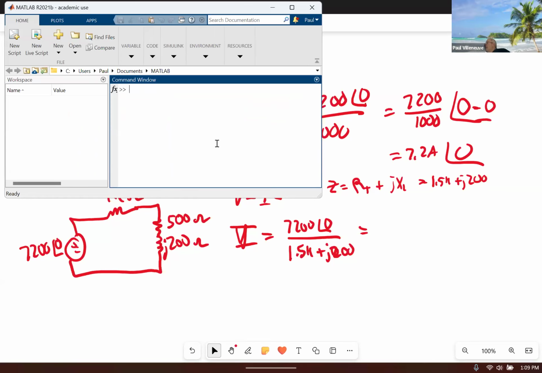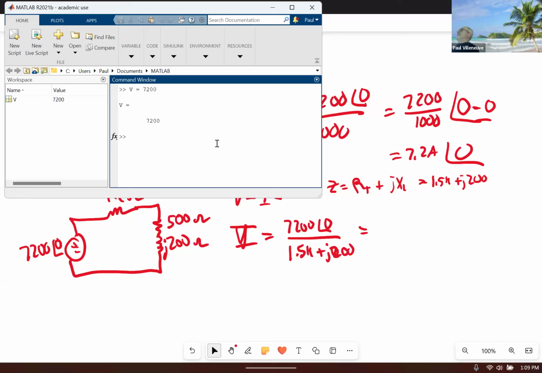So in this case, I'm looking for current. So I know my voltage is equal to 7,200. Anybody know how to enter 7,200 at an angle of 0 into your result here? It's just 7,200, right? 7,200 at an angle of 0 is 7,200.